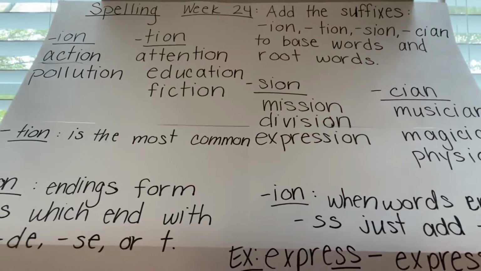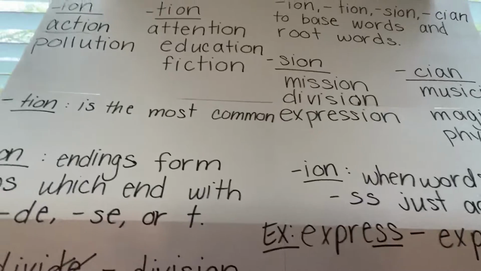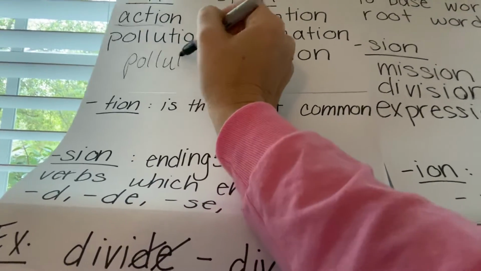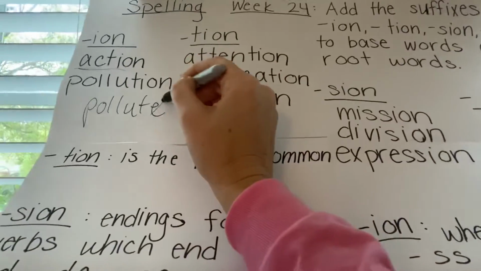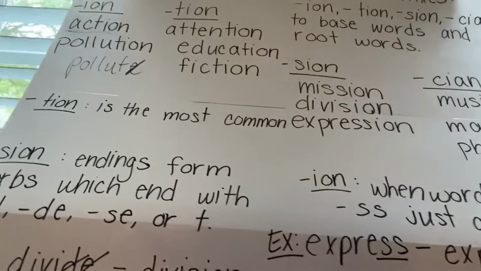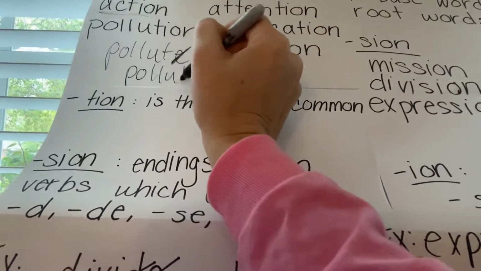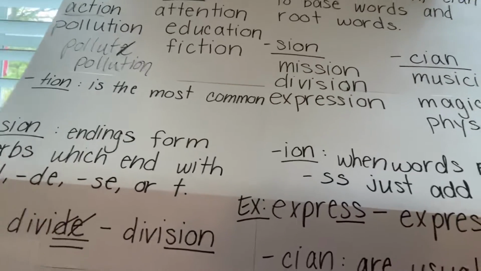You also have pollution. With pollution, you have pollute. You would cross out the E, and then add the ION to make pollution.